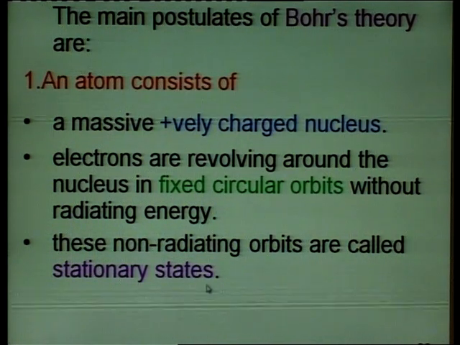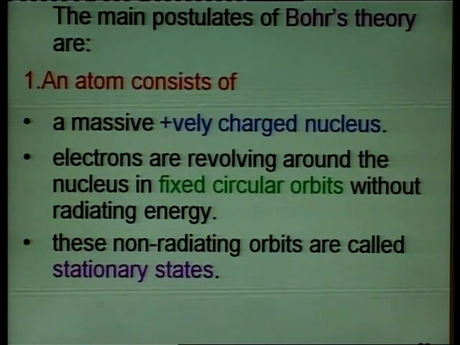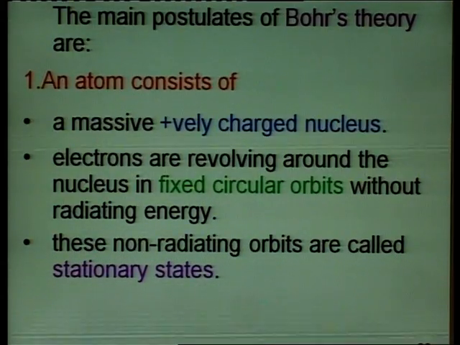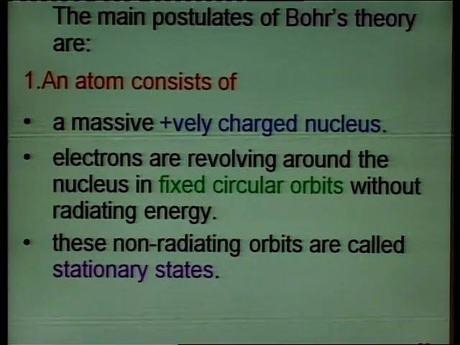So the first postulate of Bohr's theory is that atom consists of a positively charged nucleus and the electrons revolve around the nucleus in fixed circular paths known as orbits or stationary states, because they are not radiating energy.